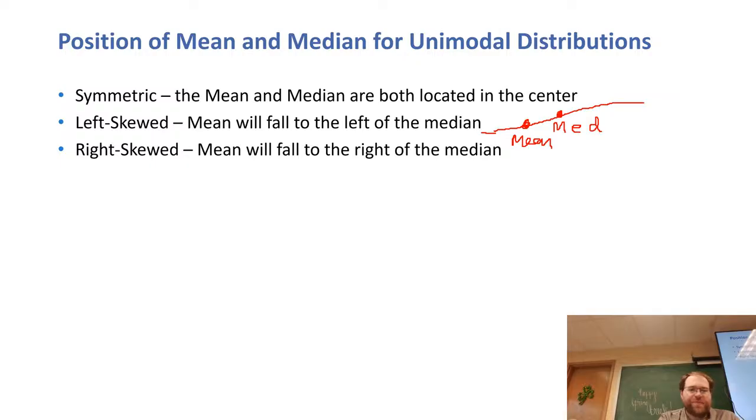Right skewed, going the other way, mean will fall to the right of the median. So say median is here. Might be something like this out here, just because you have a lot of lower values.